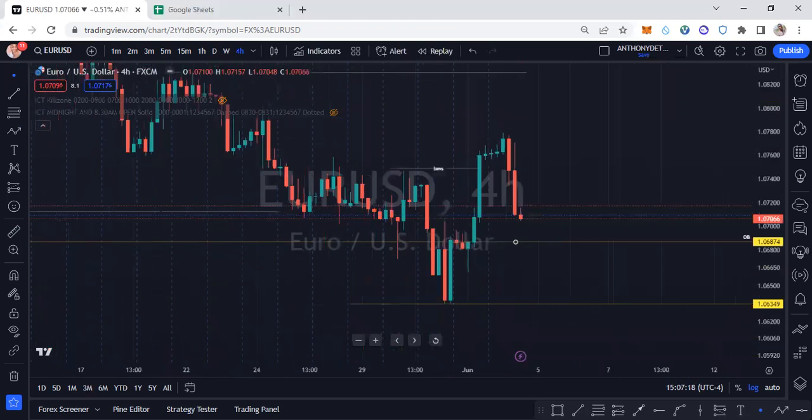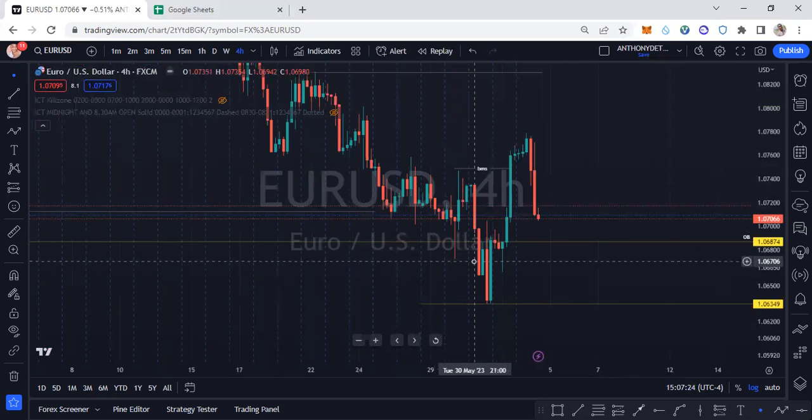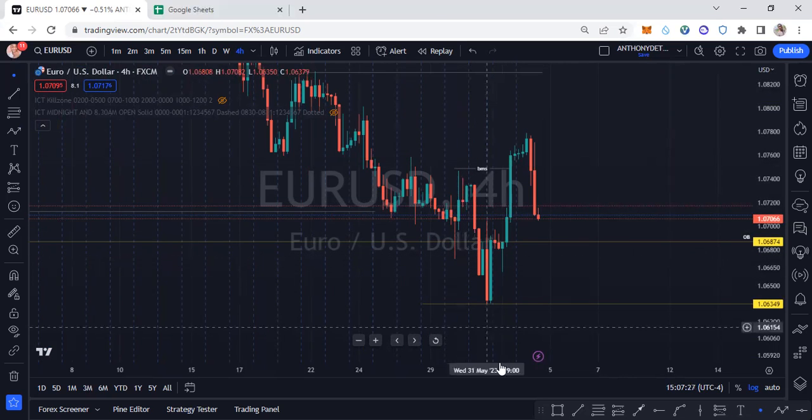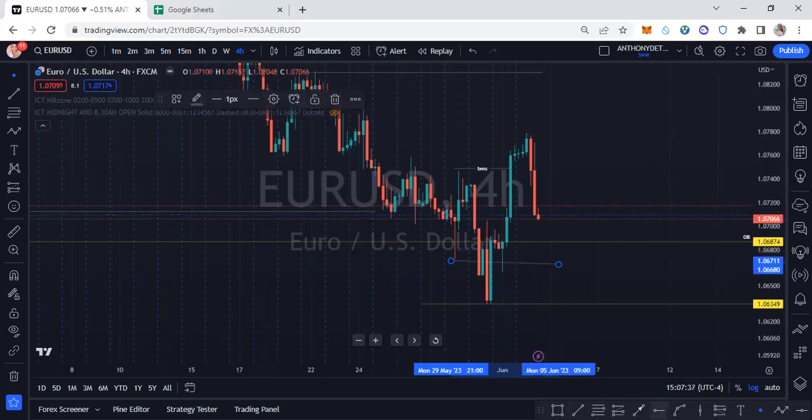So we can actually see here, this was a sell side liquidity taking, which is the 2022 ICT mentorship. This is it, sell side liquidity taking.